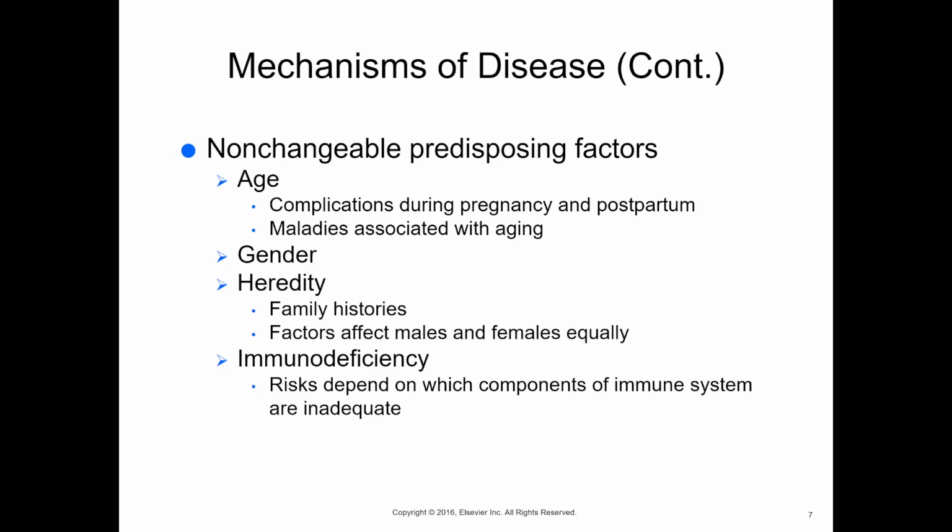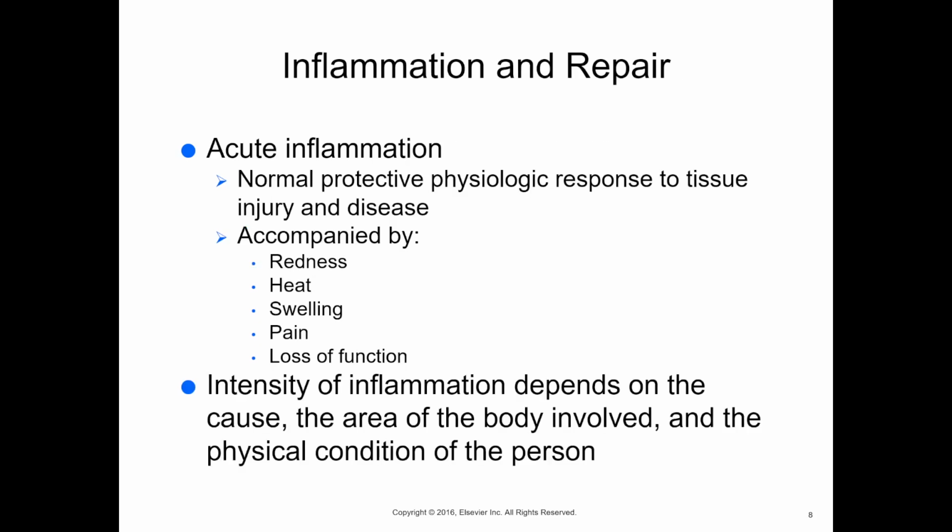And then immunodeficiency, now that one gets pretty complex, but there is some evidence that we can influence immunodeficiency via things like environmental factors and heredity. But for the most part, it's kind of thought that certain people tend to be more at risk than others based on non-controllable factors.